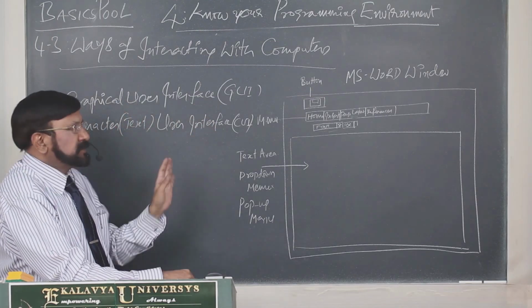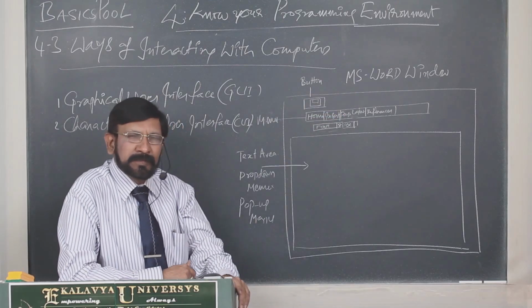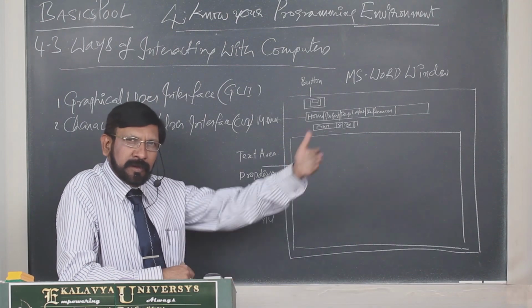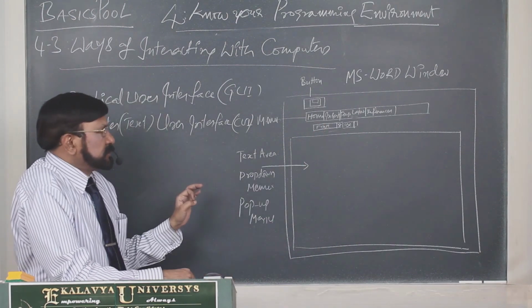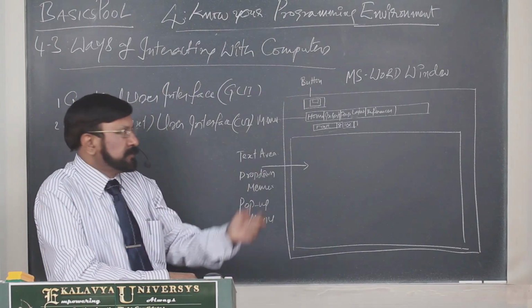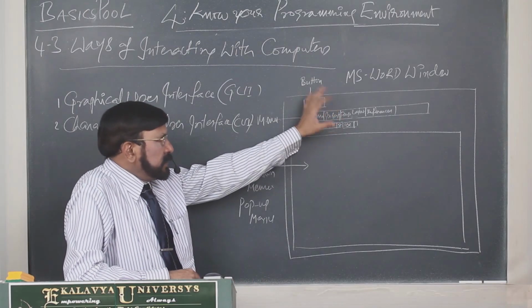For this, the best example is MS Word. Most of you use MS Word software for preparing documents. With reference to this, we can understand the components. Whatever visual components are there, they are all given different names.